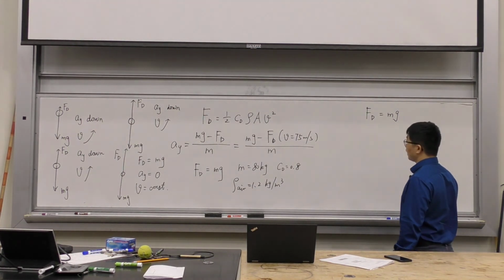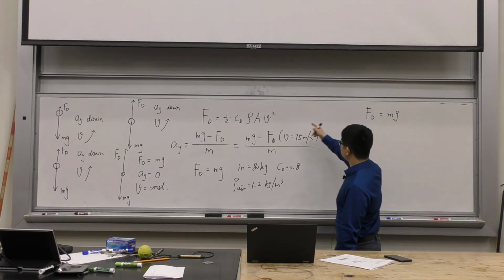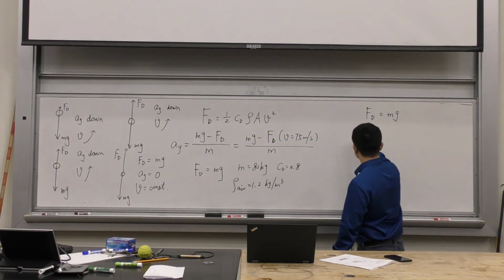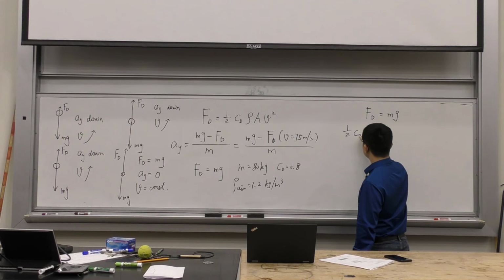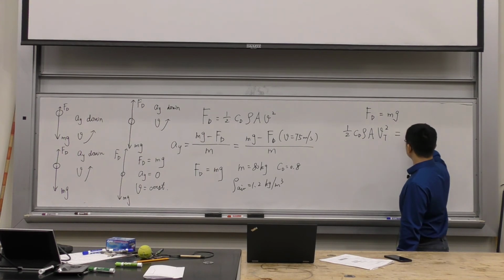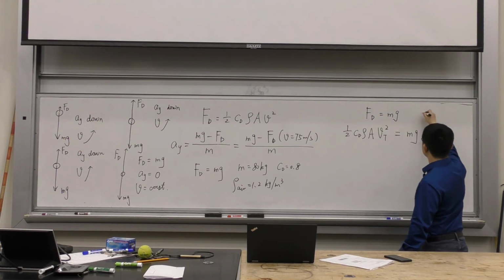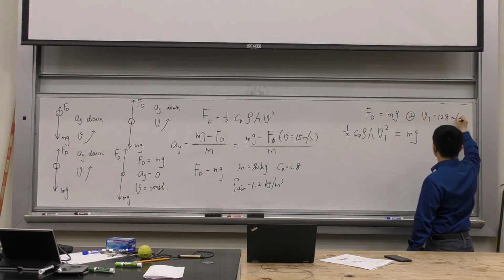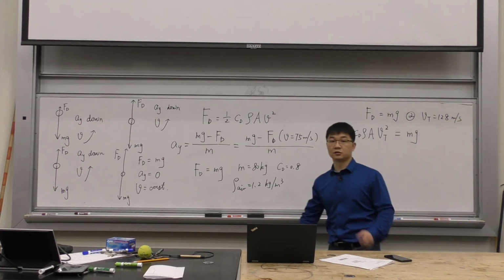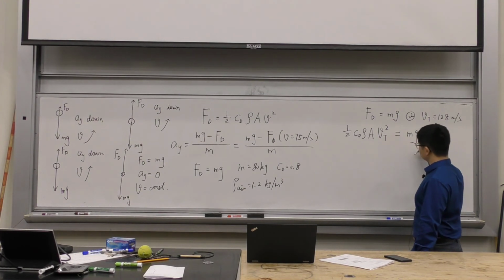Can this help me find the area? Let's try that, right? So air drag is still going to be this equation, so I'm going to write it down: 1/2 CD rho A VT squared. It's going to be equal to mg, right? Now this VT, the problem says, okay, VT is 128 meters per second. That's the maximum speed that skydiver can reach. Now, I do have mass and little g.